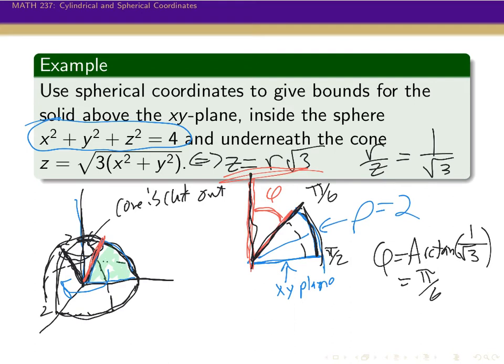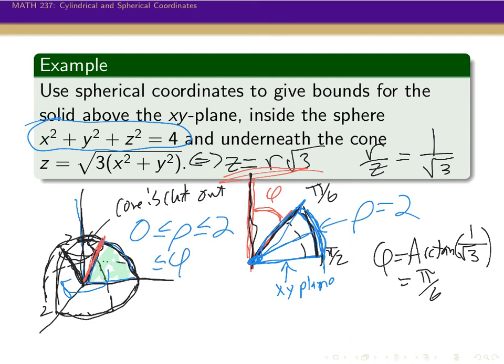Okay? So let's write out our bounds. So rho, we're going from the origin out to 2. So rho is going from 0 to 2. Our phi bounds, we're starting at pi over 6 and then angling, keep going down until we get to pi over 2.